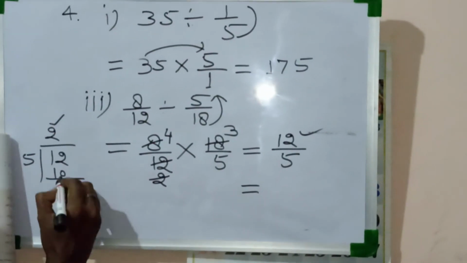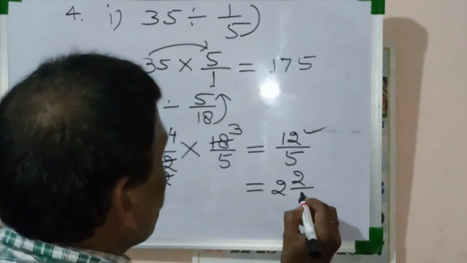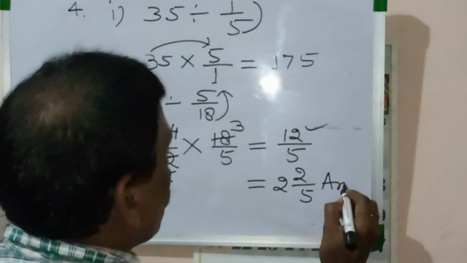So 2 will be left, so 2 whole 2 by 5. This is your answer. Okay.